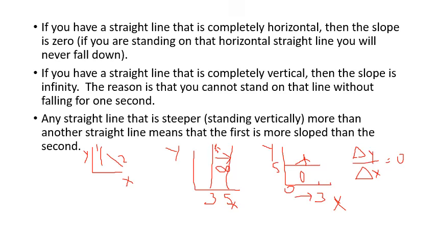Steeper means more upright than line 2. Here, the slope of line 1 is greater than the slope of line 2. So any straight line that is steeper, standing more vertically than another straight line, means that the first is more sloped than the second. Imagine yourself standing here, you will fall faster compared to when you are standing here.